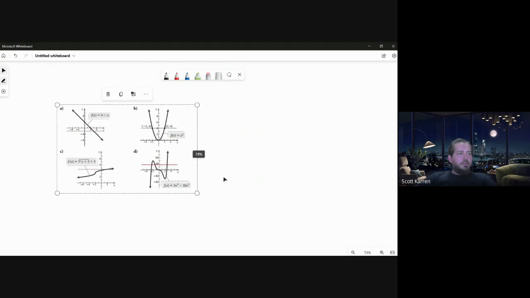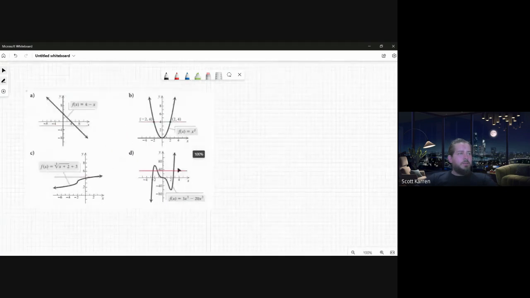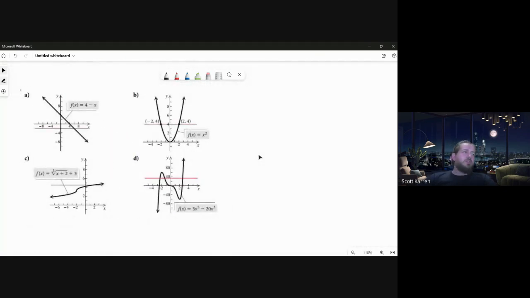There's a way to tell if we're looking at a one-to-one function if we're looking at the graph, and that is the horizontal line test. The horizontal line test essentially is if you can put a horizontal line anywhere through the graph and hit it more than one time, then it's not one-to-one.